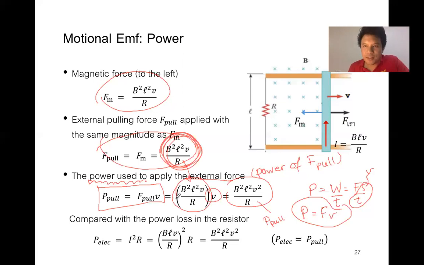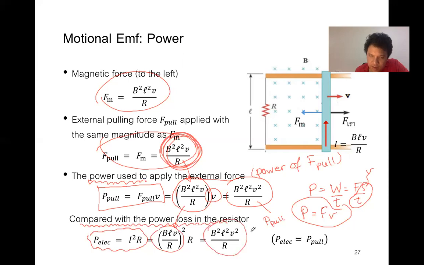Okay, but then if we compare with the power loss in the resistor, for the electric power we use the formula I squared R. So I substitute the current squared and then multiply by the resistance R, and I get a similar term.